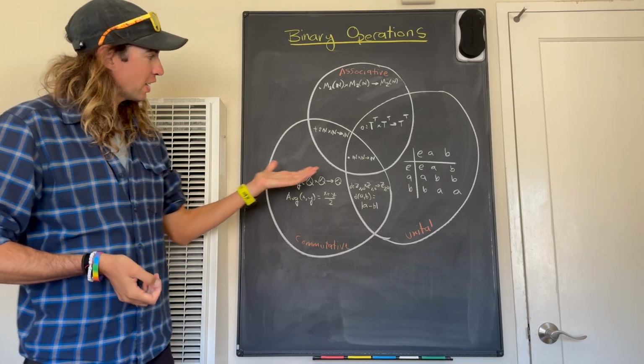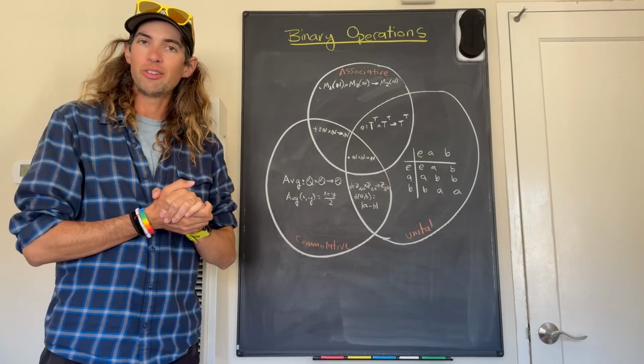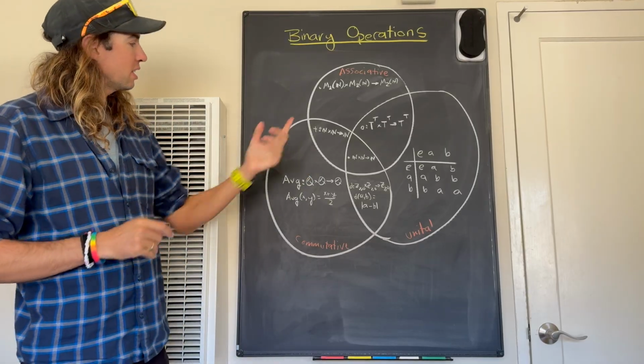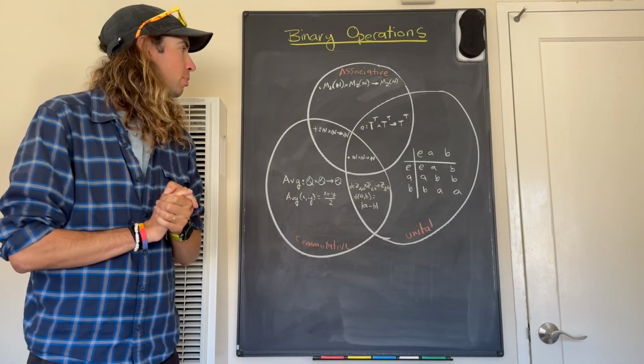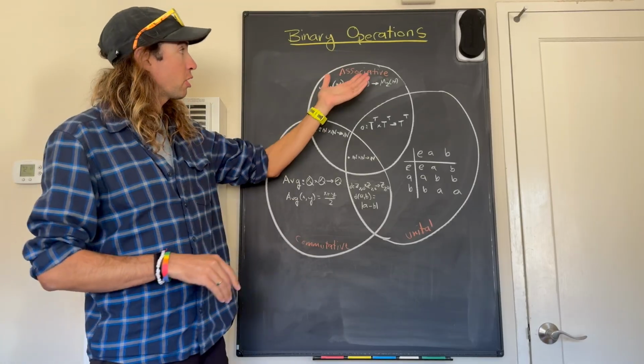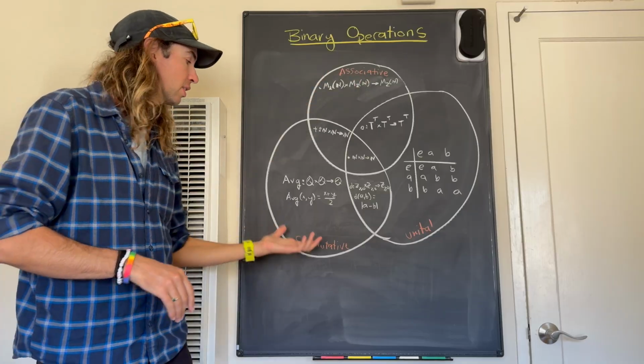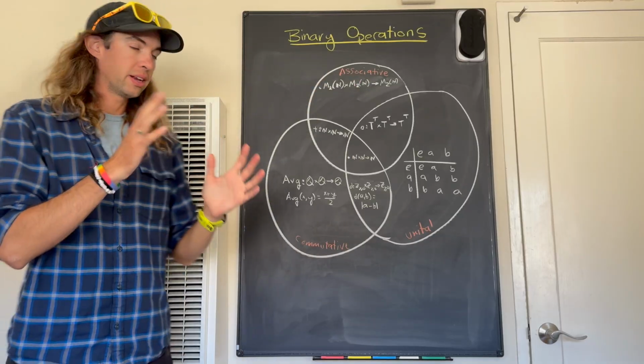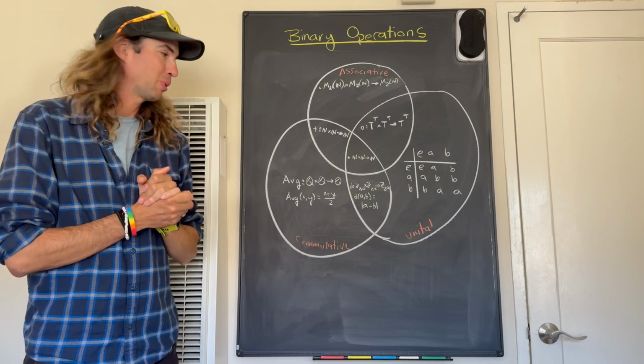And you can actually fill in every single section of this Venn diagram. That means that these three properties are totally independent from each other. So a binary operation being associative cannot tell you whether it's commutative or unital, and same with any permutation of those three words.